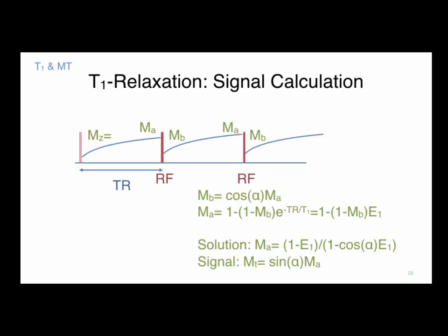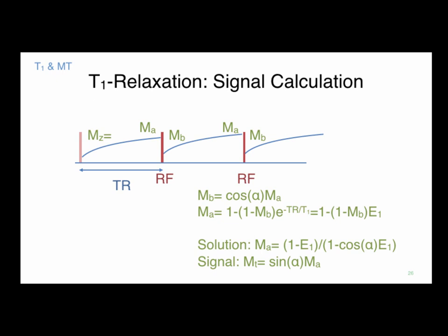So in a typical experiment you can calculate what the effect of both the relaxation and the excitation is. You have a typical relaxation time. You give an RF pulse with a certain flip angle. During this waiting time the magnetization recovers. So it's quite easy to calculate what the equilibrium magnetization is, since you know the relation between the magnetization before the pulse and right after.